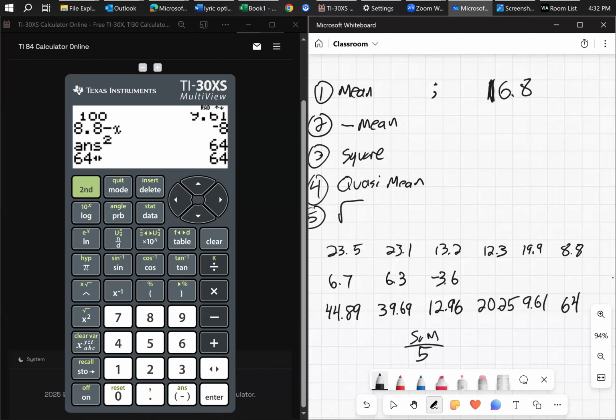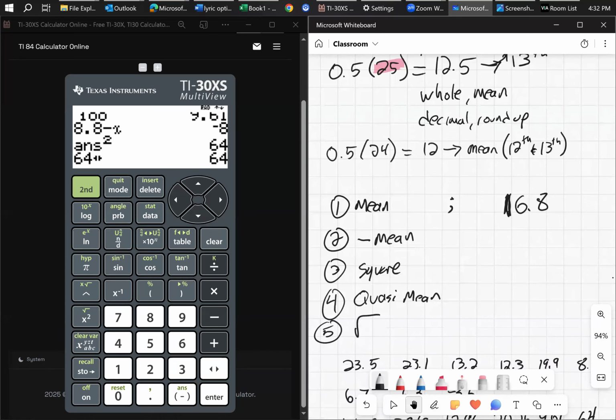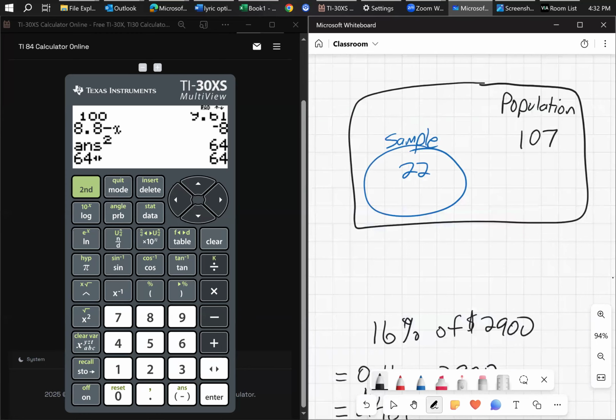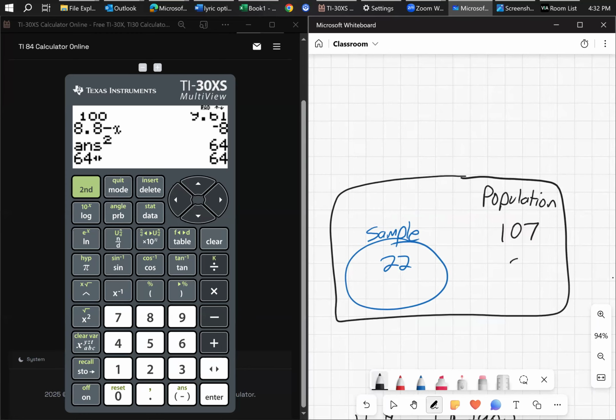Always 1 less. The reason for this essentially is if we go back to the first picture I drew, there it is. If you wanted to know the standard deviation of the population and you did the standard deviation of the sample, without doing that divide by 1 less quasi-mean, the standard deviation of the sample is always too small.